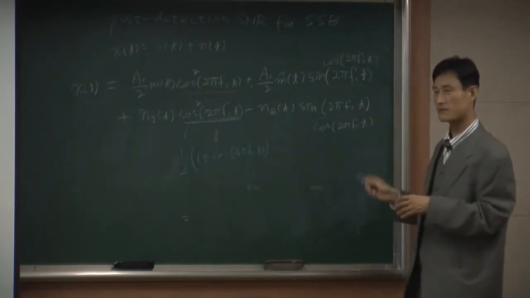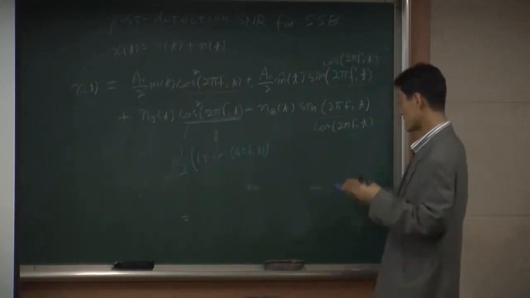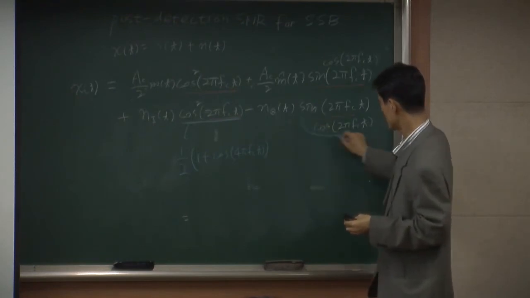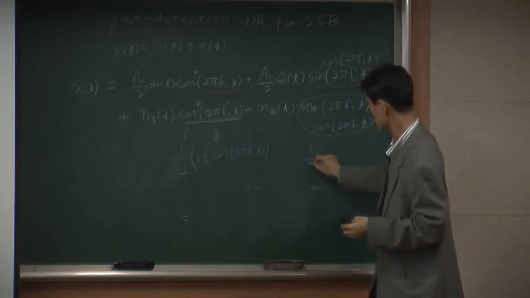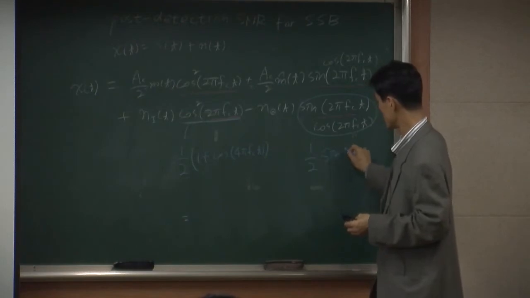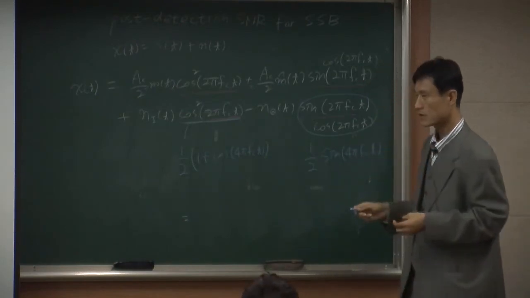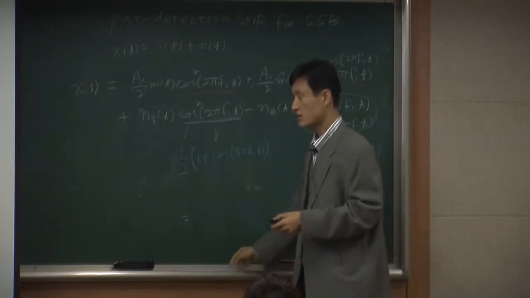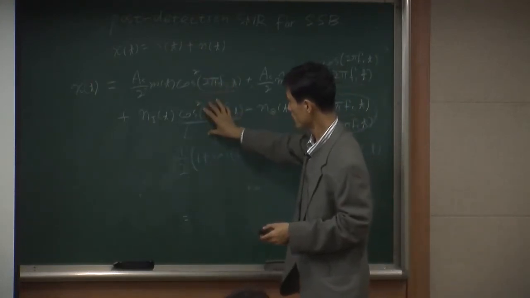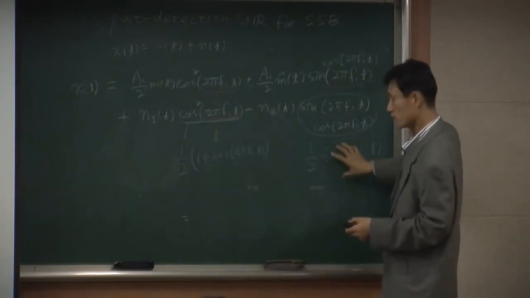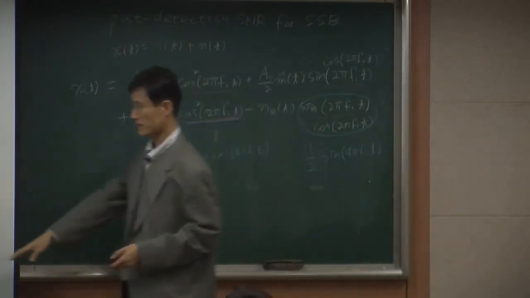This one, sine times cosine, again, we always have to change it to 1 over 2 sine 4 pi fc t. We always need to change that, right? So once you change the cosine square and the sine cosine into this one, now you're going to get this.